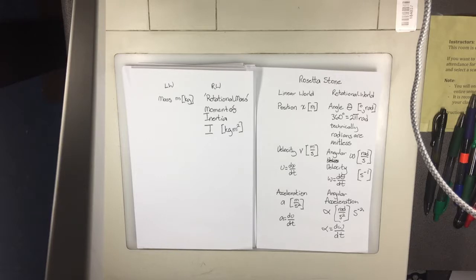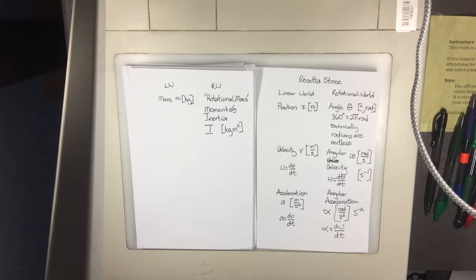Just as in Newton's second law, F equals ma, the bigger the mass, the more force you have to put into it to get it to accelerate. For rotational mass, the bigger the moment of inertia, the more rotational force, and we're going to get into that term in a little bit, that you have to put into this bar in order to get it to rotate.